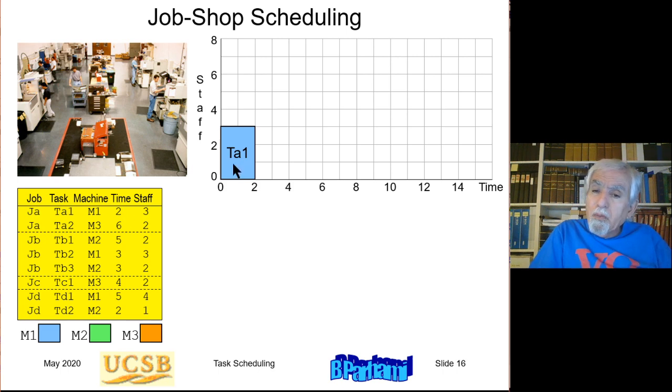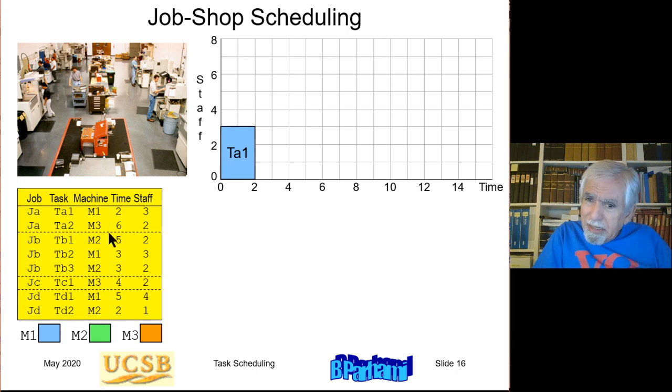So task A1, this one, requires the use of machine M1, which is blue coded. So I put a blue rectangle there. It needs 2 time units. So the horizontal dimension of this rectangle is 2. And it needs 3 staff members, 3. Okay.